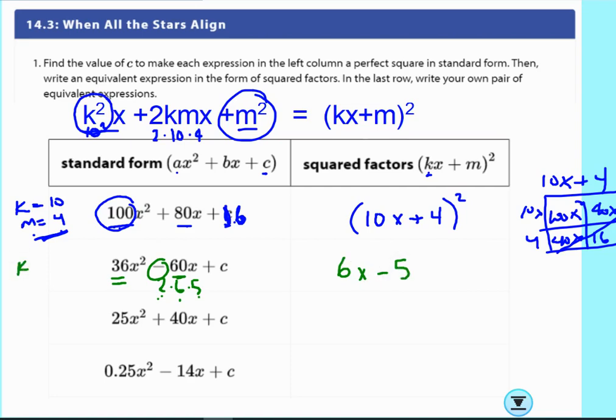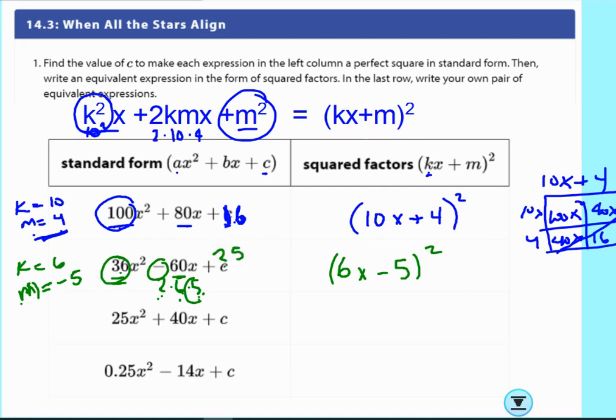So our k value, we decided, must be 6. And if k was 6, then our m value must be 5, but not just a 5, a negative 5. All right. And if I square that, I will get this perfect square. So this must be 25.